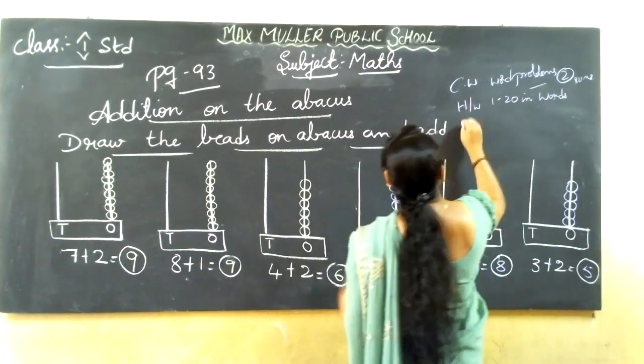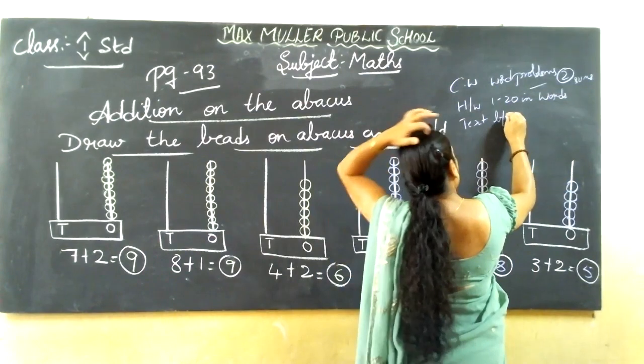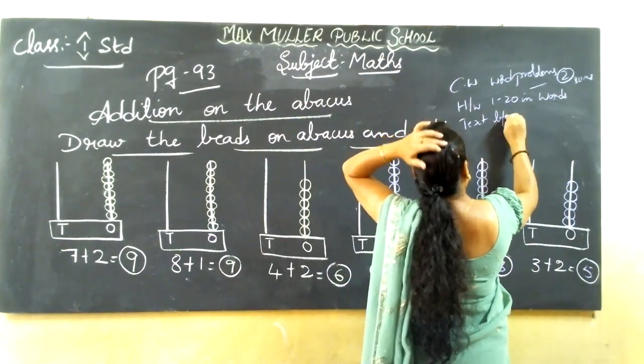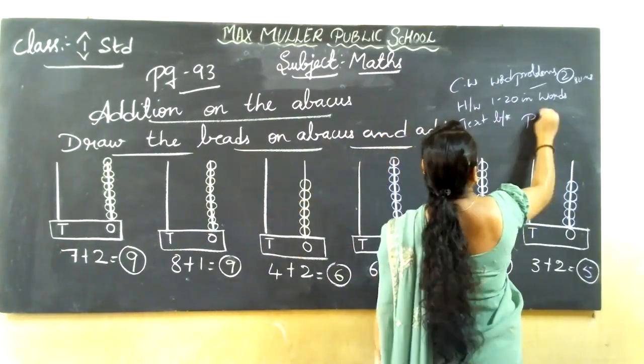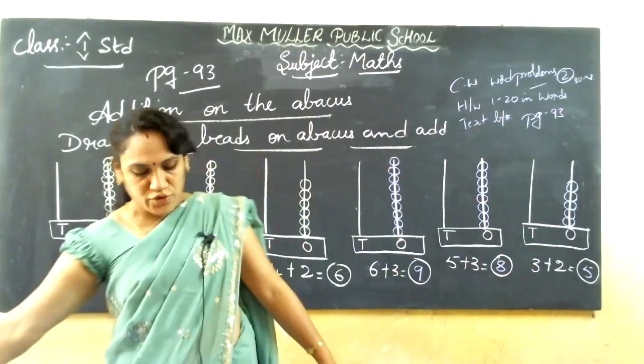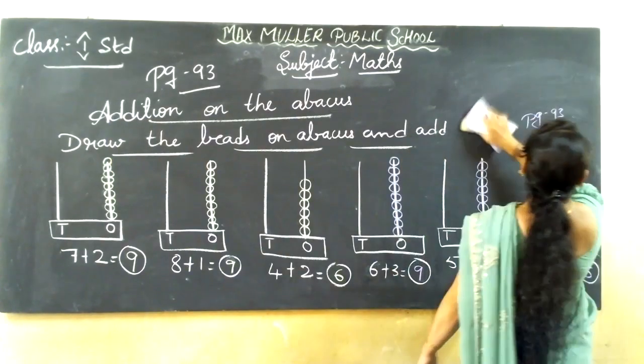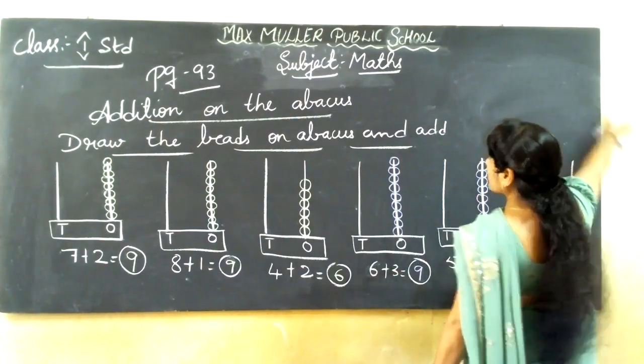Then in the textbook, page number 93 sums. This much we completed today. All of it should be completed and ready. Okay, children, classwork, homework and textbook.